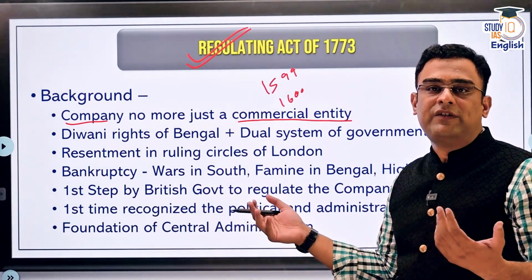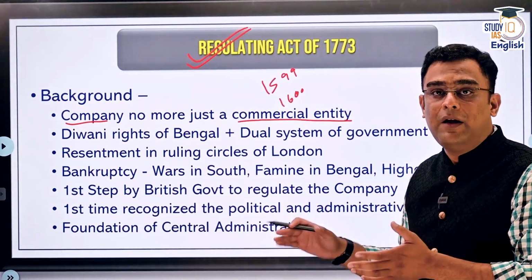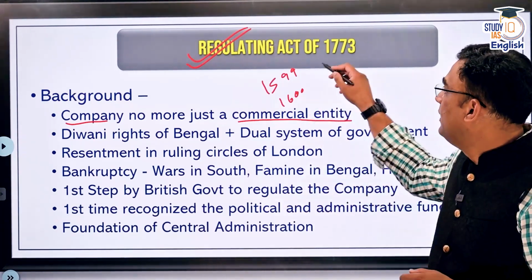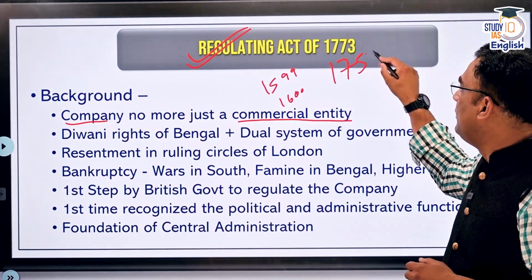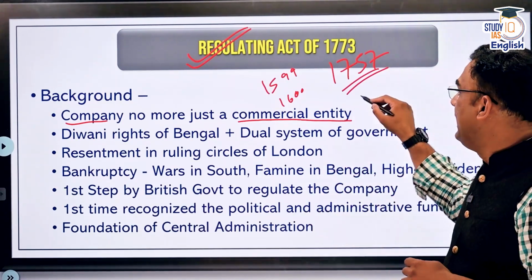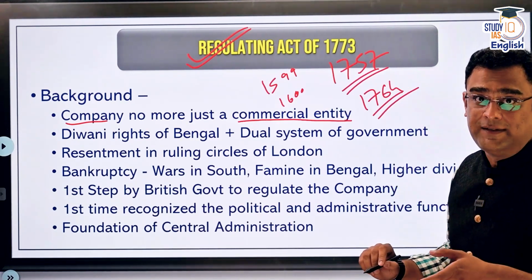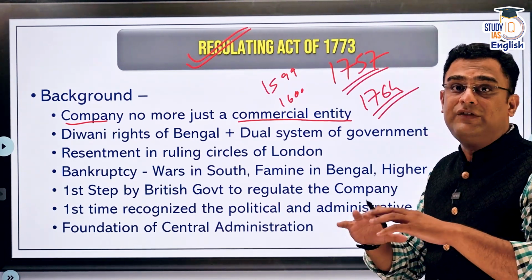Throughout this phase of history, the company is basically a trading entity. But after defeating the Nawab of Bengal in 1757 in the Battle of Plassey, and then in 1764 in the Battle of Buxar, the nature of the company changes completely.